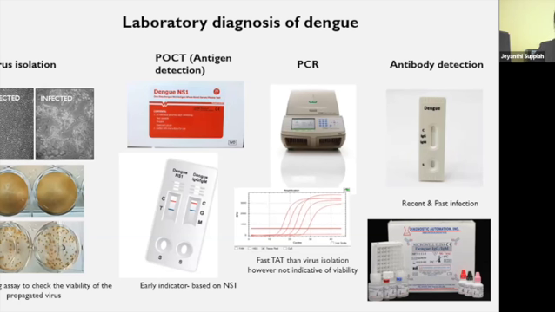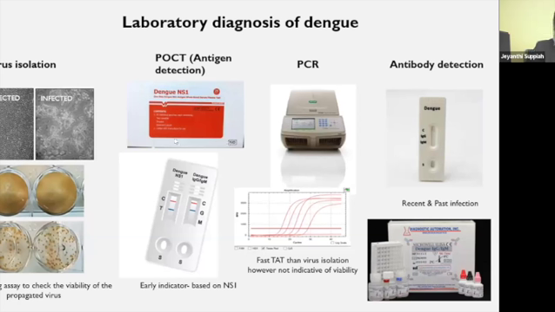Eventually, we have to proceed to other assays to quantify the degree of virus growth in the cell. For instance, we can use a plaque assay or a focus forming assay, as shown here, to check the viability of the propagated virus, or we can proceed to an immunofluorescent assay to capture the antigen.